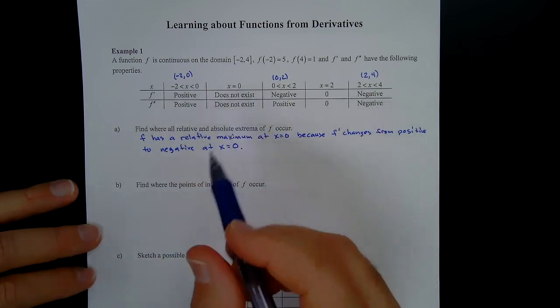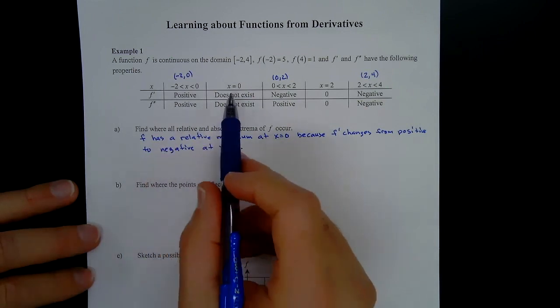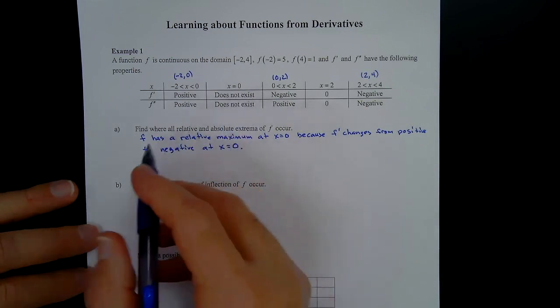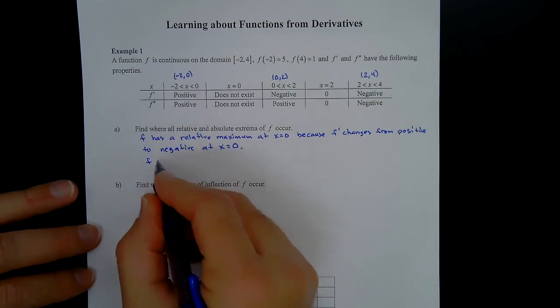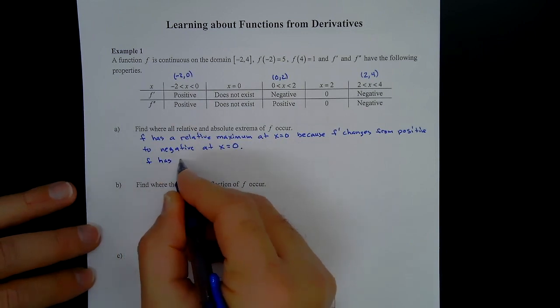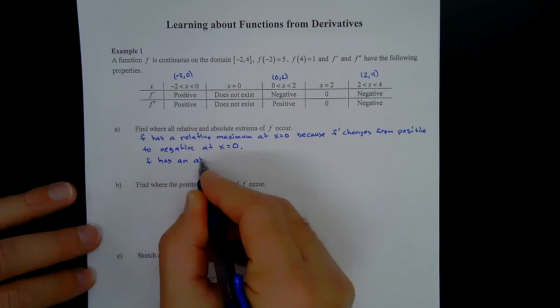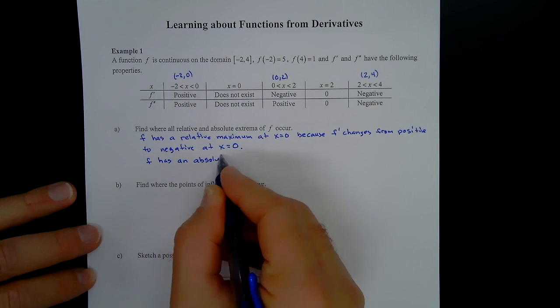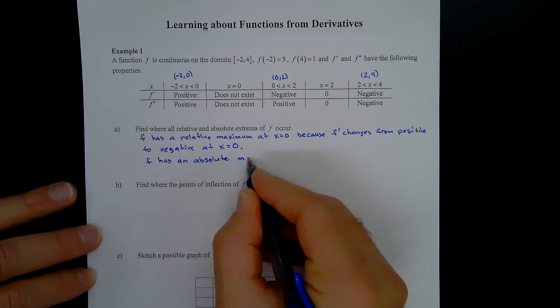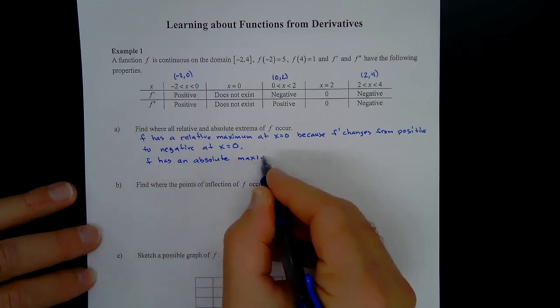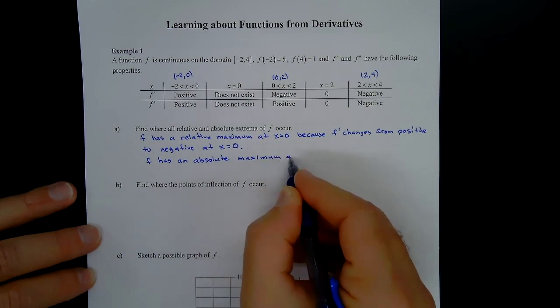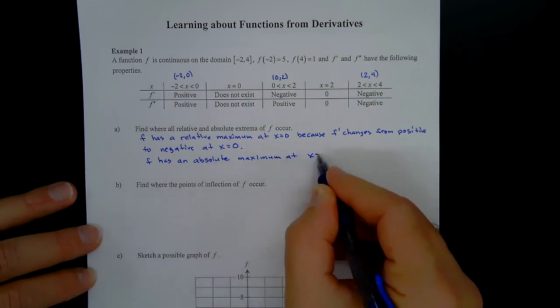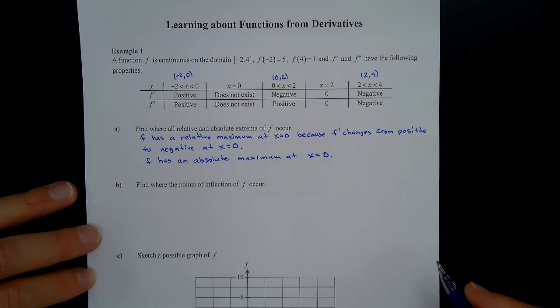That's the highest it gets. So we have an absolute maximum at x equals 0. So f has an absolute maximum at x equals 0, okay?